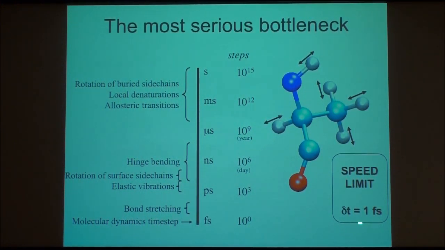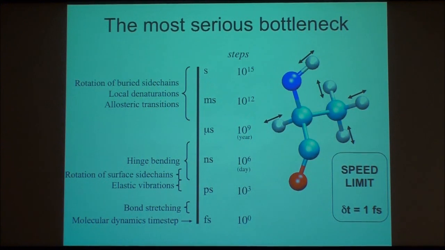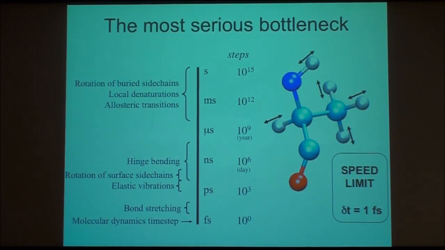And that's a fundamental issue because I have to recalculate all the forces every femtosecond. So if you want to see what is happening in a nanosecond, you have to repeat this calculation 1,000,000 times. Going to microsecond, 1,000,000,000 times, you have to recalculate the forces between all these atoms and see what is the total force on each atom and take the next time step. So that's a very, very important aspect here for atomistic simulations.